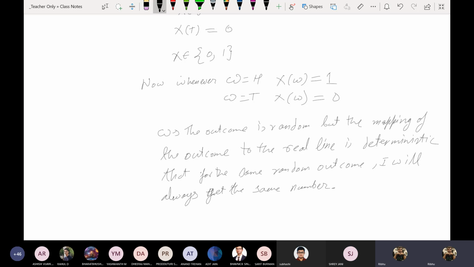So the process that generates the outcome is random. The mapping of the outcome to the real line is deterministic.